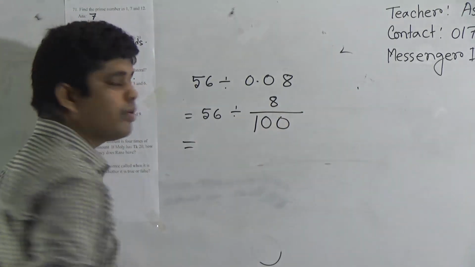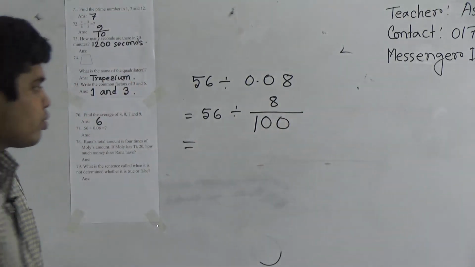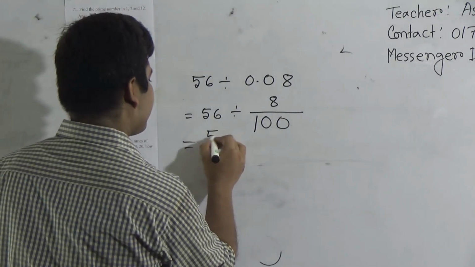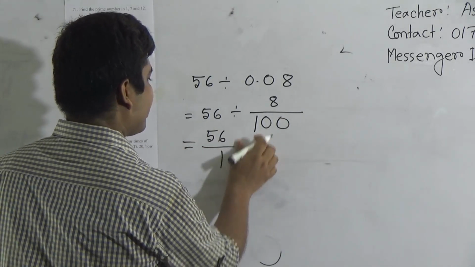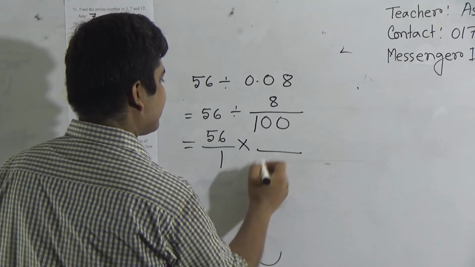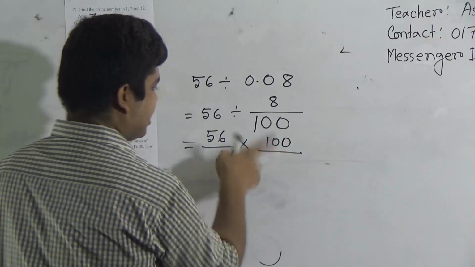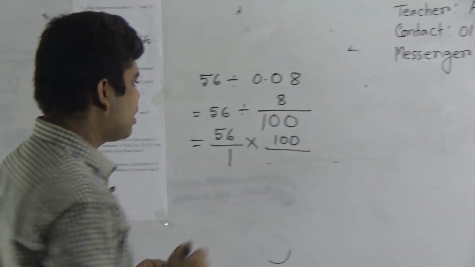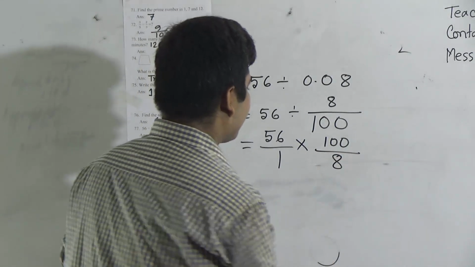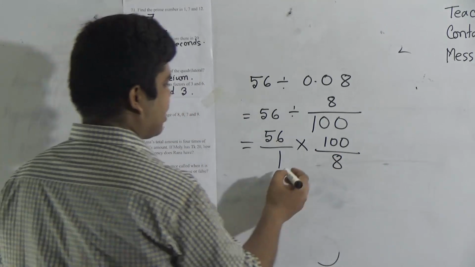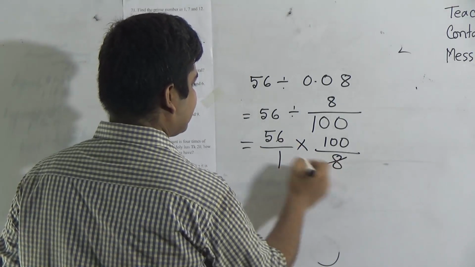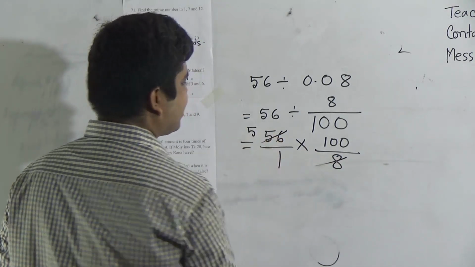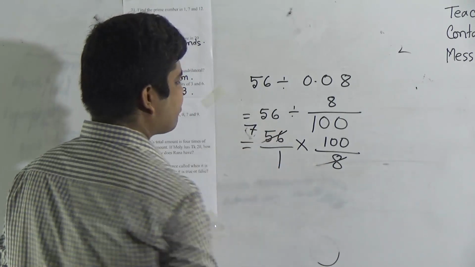Now we know every number has a denominator which is 1. For this reason here I write 56 by 1. Now I do multiplication here and this 100 sign, this fraction will be reversed as division is happening. Now 8, we cut, 8 sevens are 56.